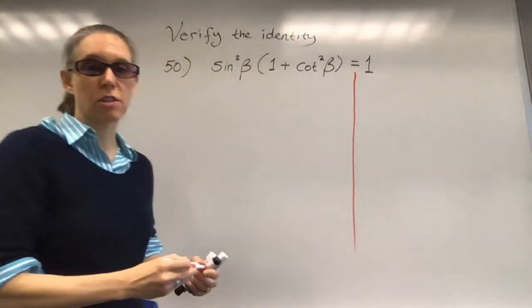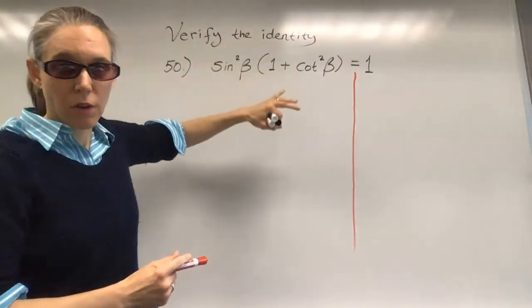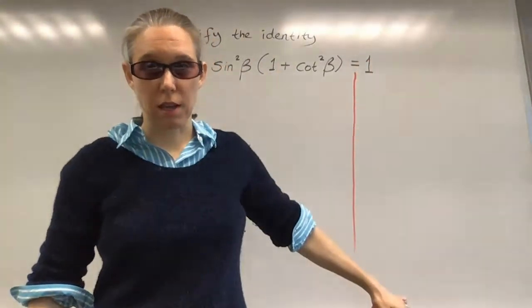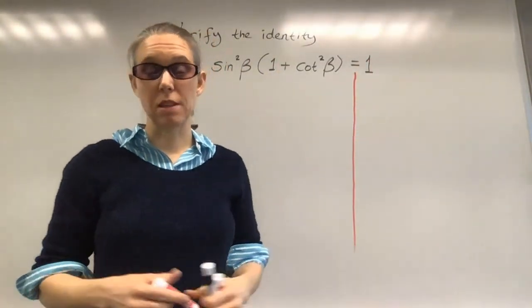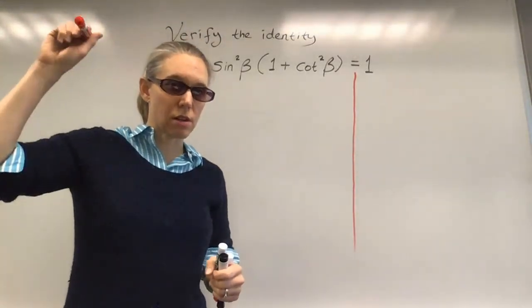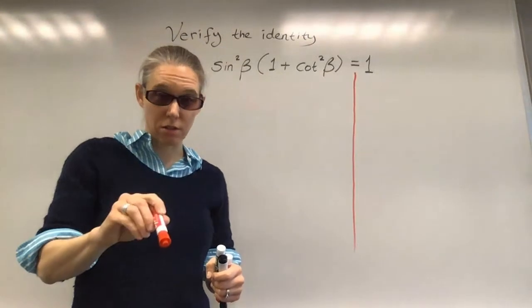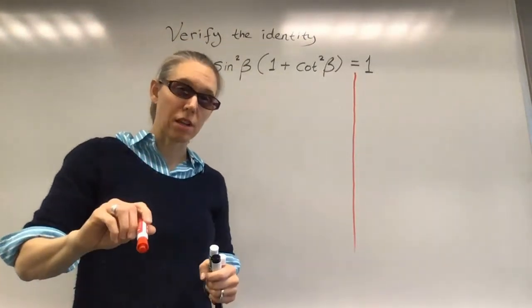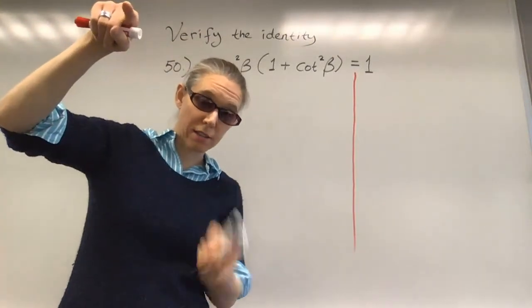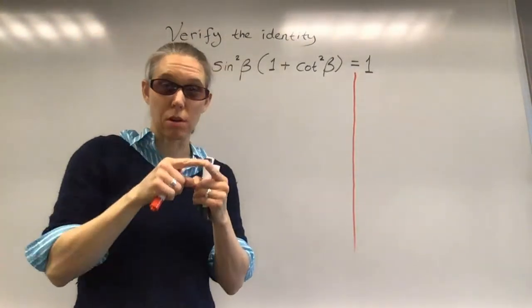And basically transform the left-hand side as far as you can, transform the right-hand side as far as you can, and you can meet in the middle. It's kind of like working a maze, okay? When you're working a maze, you can either start at start and work all the way down to finish. You can start at finish and work all the way back up to start. Or you can start at start and start at finish and meet somewhere in the middle.